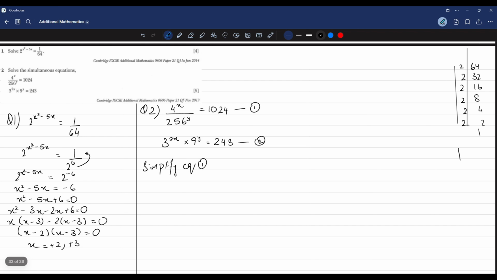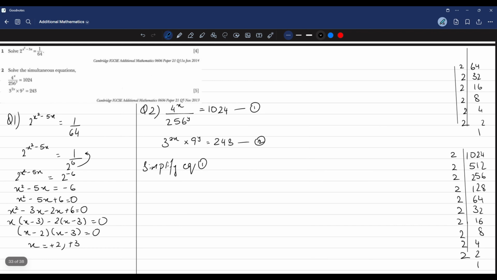So if I were to take the LCM of 1024, and 256. First take out the LCM of 1024. 4 is an 8, and 2 2 is a 4, and 2 1 is a 2.